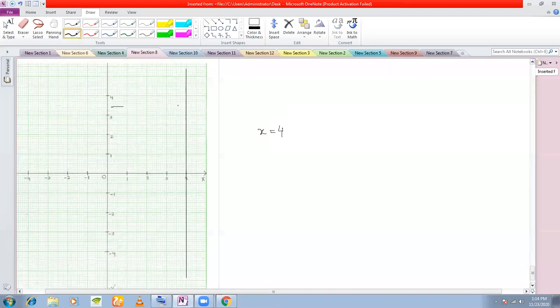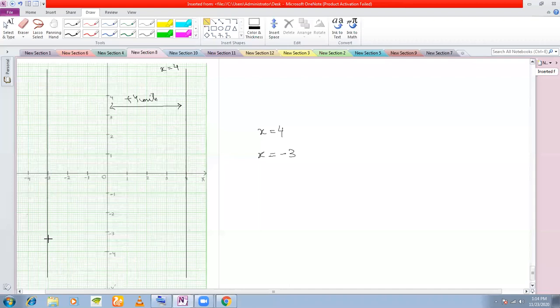At a distance of plus 4 units from the y-axis. So this is your line x is equal to 4. If I ask you what a line like x is equal to minus 3 should look like, then you will say it will look something like this, parallel to the y-axis and at a distance of minus 3 units from the y-axis.